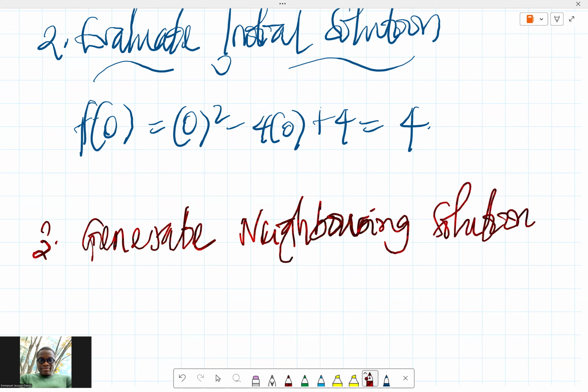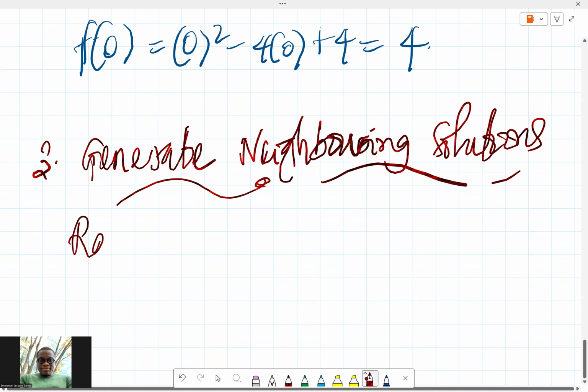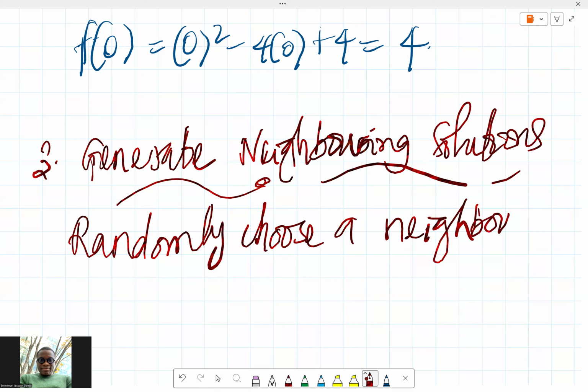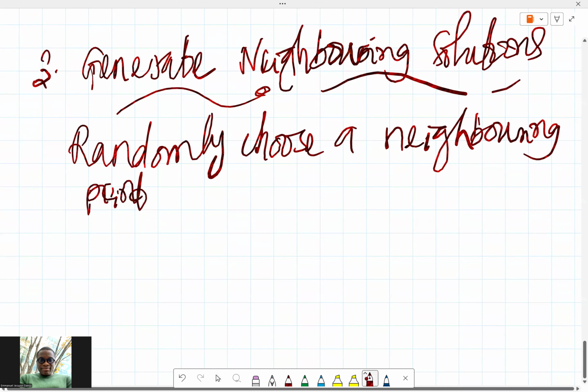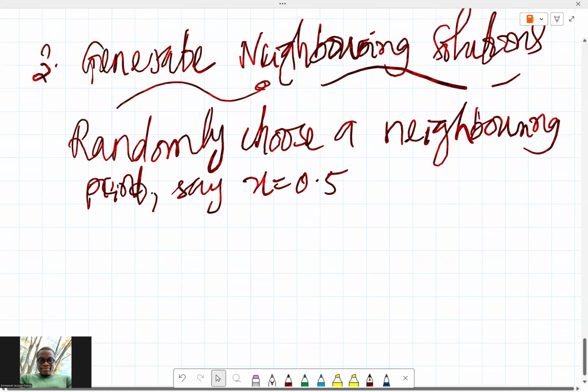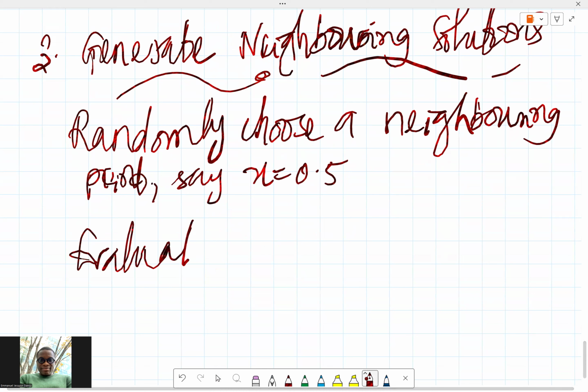You can randomly choose a neighboring point, say x equals 0.5, which is close to 0, by the way. So randomly choose a neighboring point, then evaluate the neighboring solution.